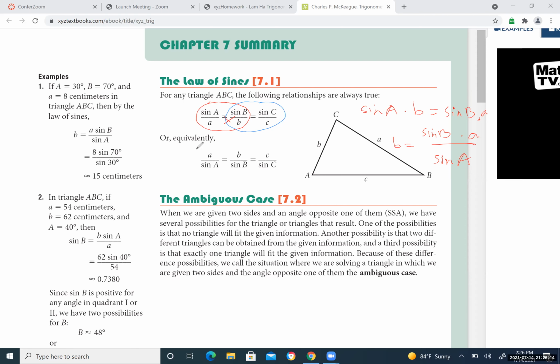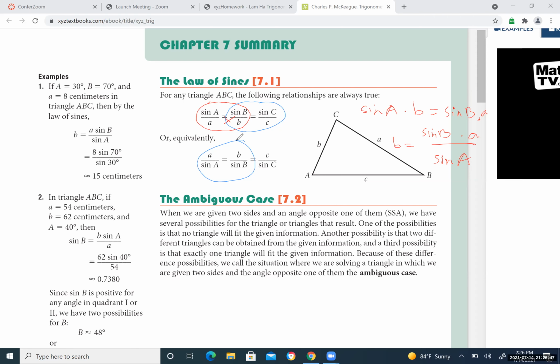And that would be equivalent to small a divided by sine A, which means once you flip over one of the sides, you have to flip all of it. So small a divided by sine A equals small b divided by sine B equals small c divided by sine C. So you can pick these two pairs to do it. If they give you three of them, then your job is to figure out the other. It's just similar to the top problem.